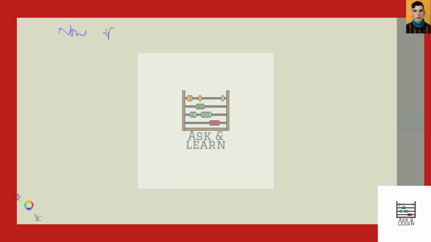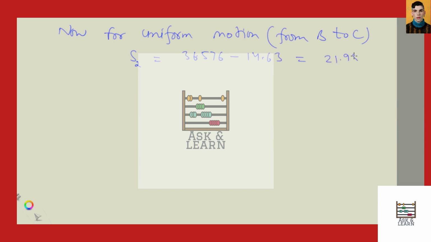Now we will switch over to the uniform motion. Now, for uniform motion from B to C, the remaining distance S2 is 40 yards minus 16 yards, or in meters we can say 36.576 minus 14.63 comes out to be roughly 21.95 meter.